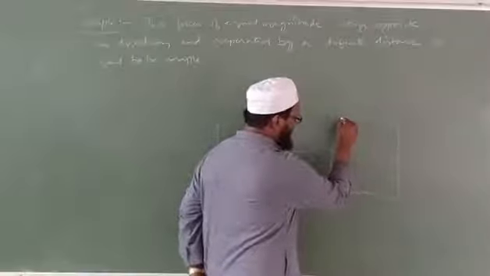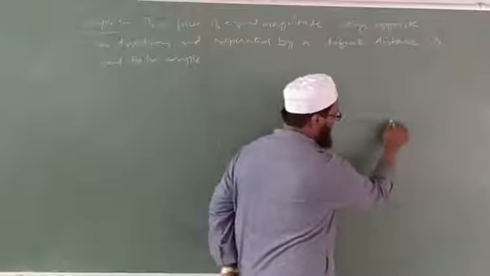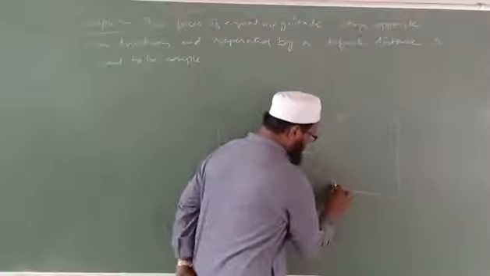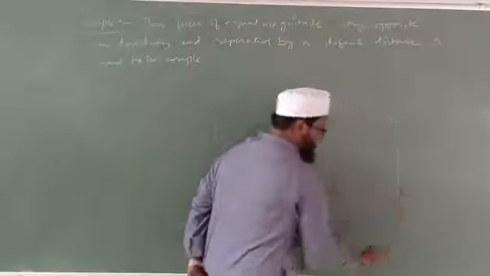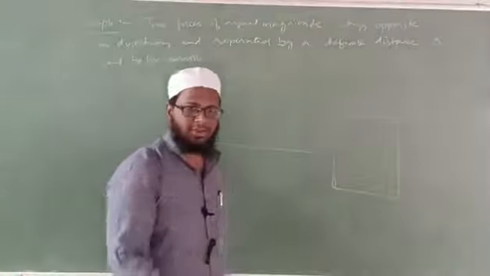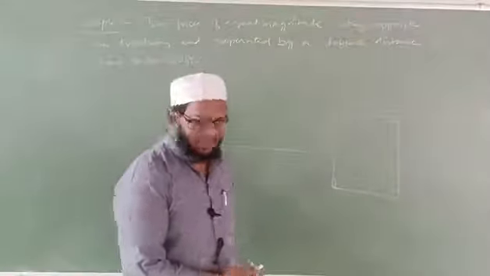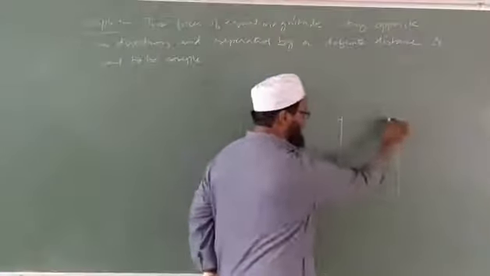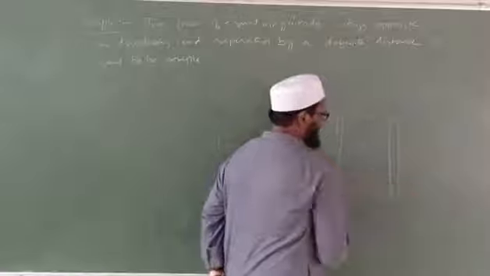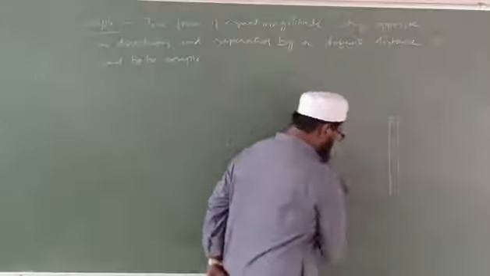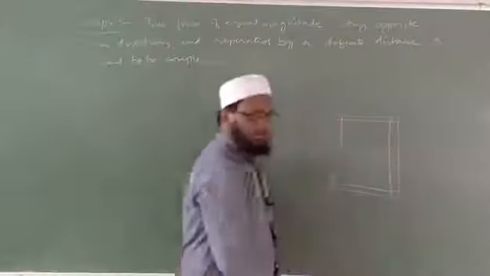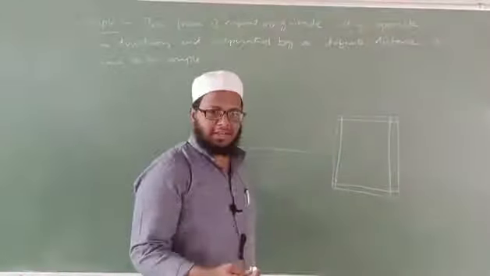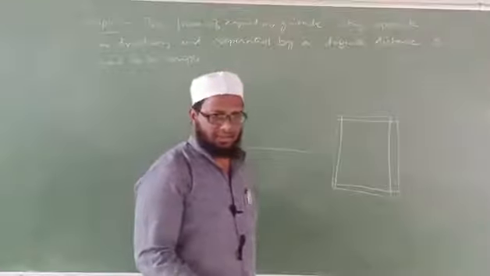This is one column here, this is another column here, and suppose we have one more column at this point and one column at this point. Depending upon the columns we provide beams. So this is one beam, this is another beam, and again this beam with this beam will also be there. Sometimes people nowadays need more area, they need more area.